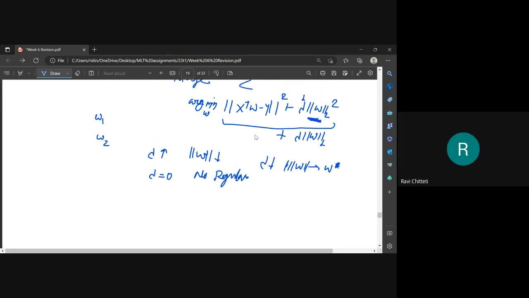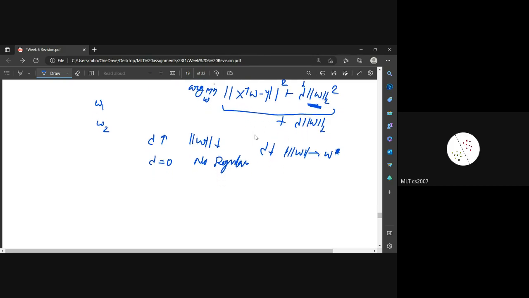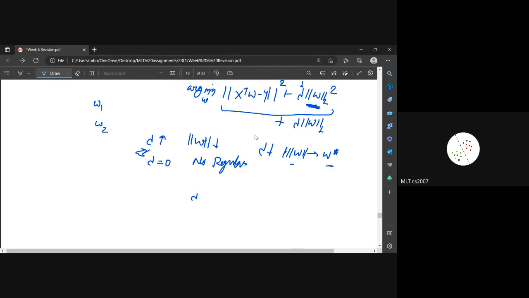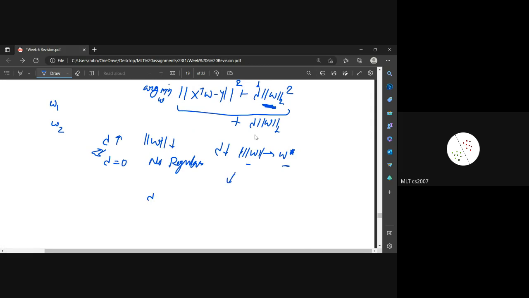But you just mentioned a little earlier that W would try to keep as close to 0 as possible, isn't it? Yeah, so that's where the role of lambda comes into the picture. For lesser values of lambda, W is again going to be close to W star. But if you choose higher values of lambda, then it will stay closer to zero. If W is already close to 0?